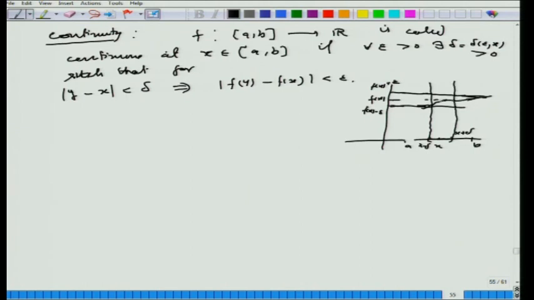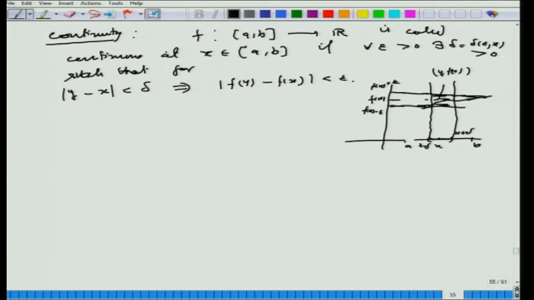So, this point (y, f(y)) must lie within this rectangle around (x, f(x)). So, that is what it means. If we have these values y sufficiently close to x, then the values f(y) will also be lying sufficiently close, in this y strip. So, that is the continuity of a function.